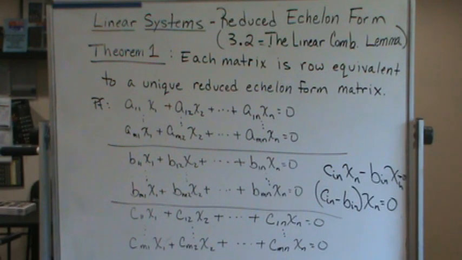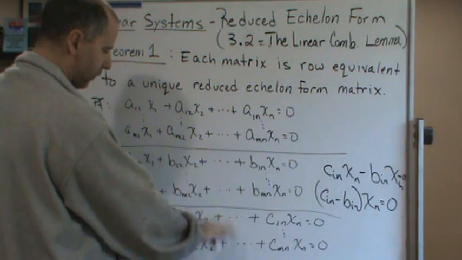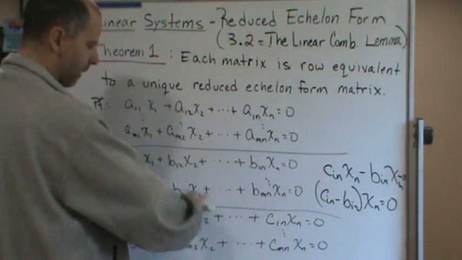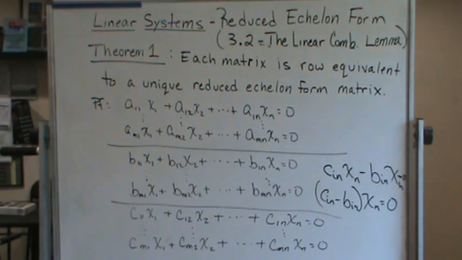Okay, but now since in both of these systems, in the n minus 1 columns, they're all the same, right? We've already established that. Okay, so with B and C being equal for the first n minus 1 columns, by the definition of a reduced echelon form, the leading entries in the nth column have to be in the same row.